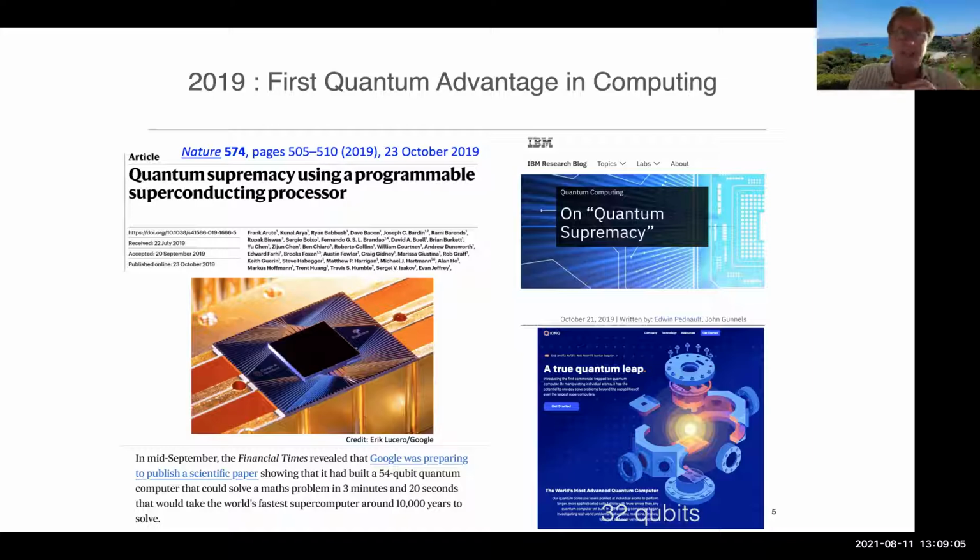And so there were many factors demonstrated of more efficient computation using a quantum device than with a classical computer. And this is basically the threshold.